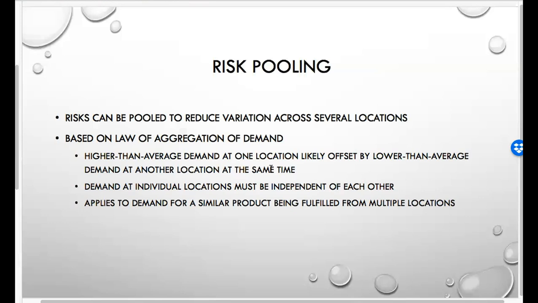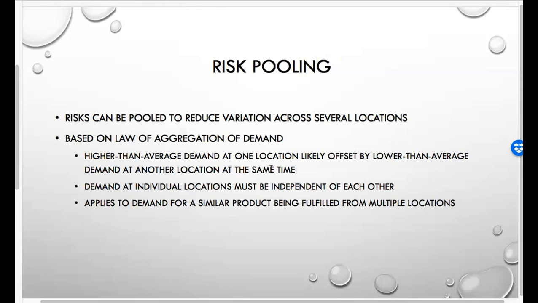So the 2 rules that must be true for this to work is that the demand at individual locations must be independent of each other. For instance, customers can't be able to go to multiple sites to fill their product. And it applies to demand for a similar product being fulfilled from multiple locations.